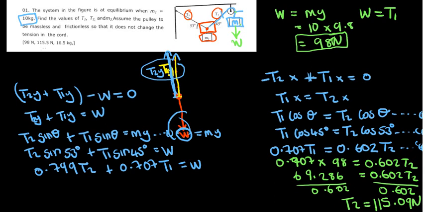So far we have calculated our T1, which is 98 Newton, and again we've calculated our T2, which is 115.09 Newton. Kindly note that there can be some slight difference because of the values used.